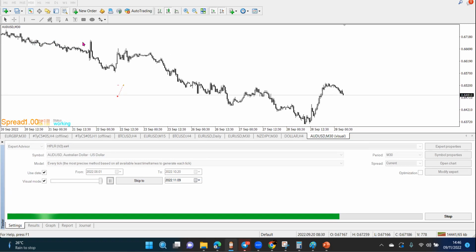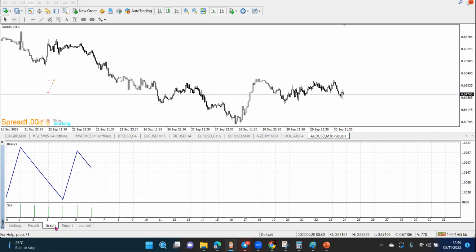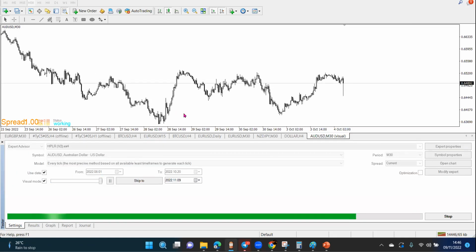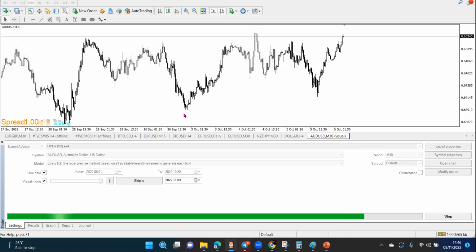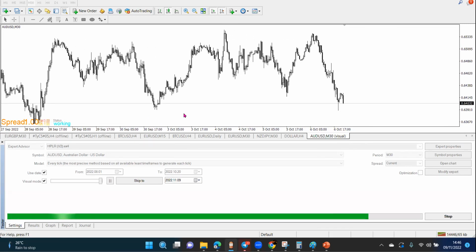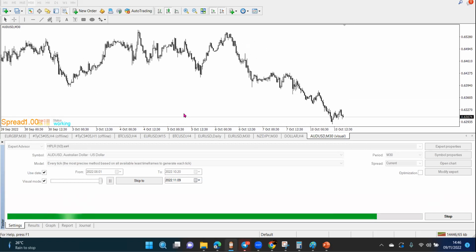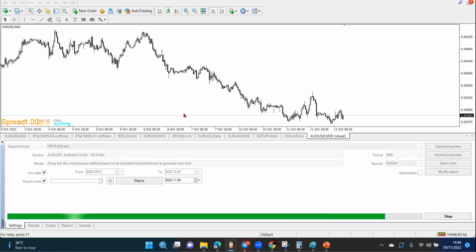We're almost coming to an end, but let's let it play out to the end. Here's what our graph looks like. So right now, the EA is checking for yesterday high, yesterday low for you.